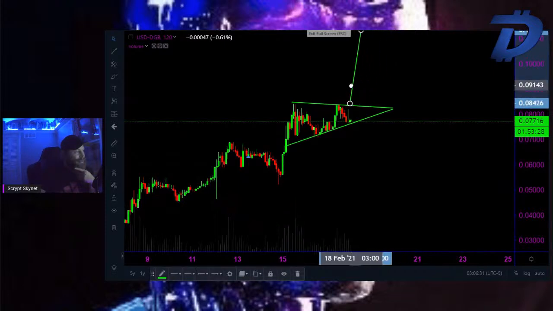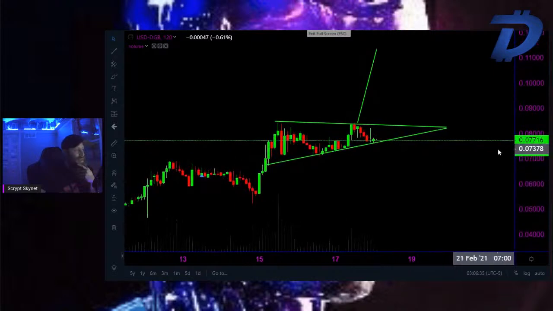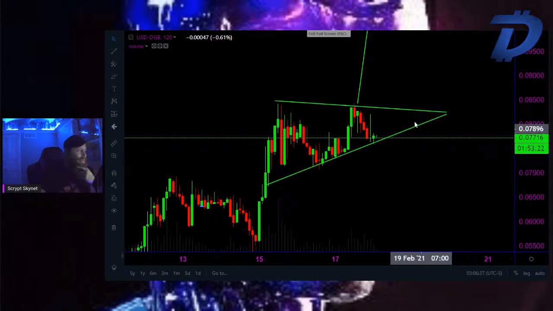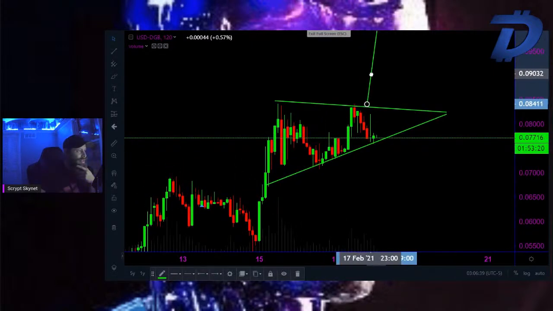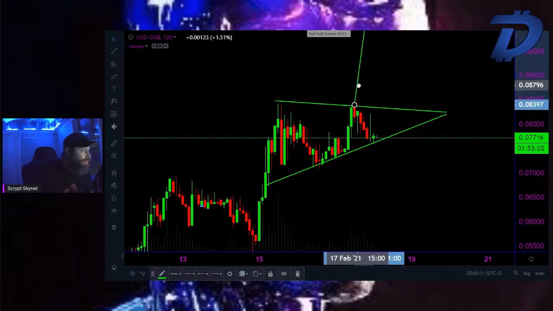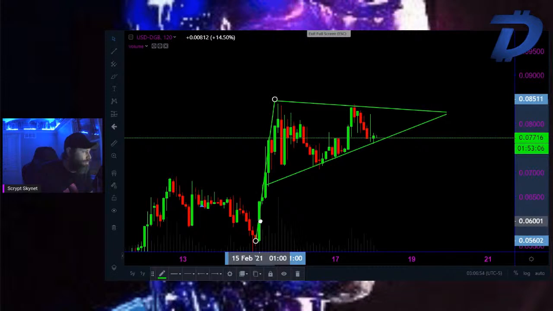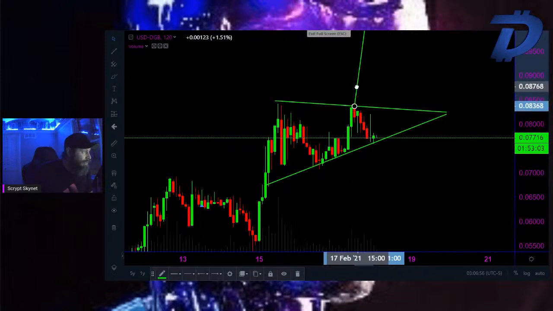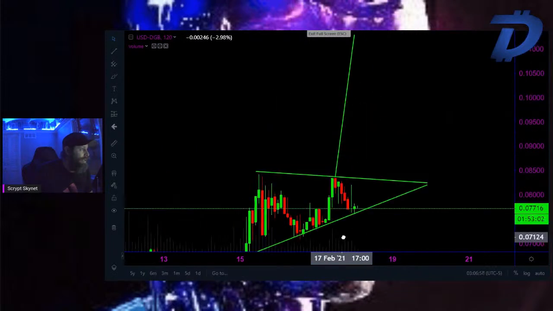I can do that, but only if I was here. You see what I'm saying? My take on it is, if this came out recently, yesterday midday, here's the pole. It was heading up. This is what could happen, right?